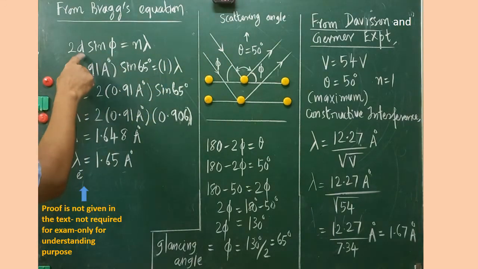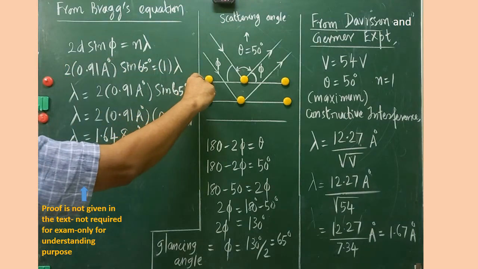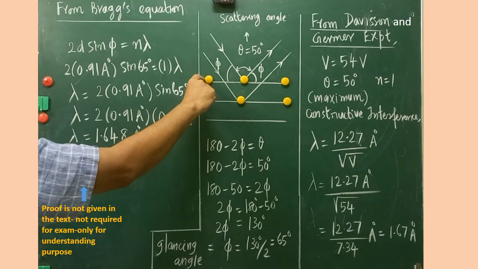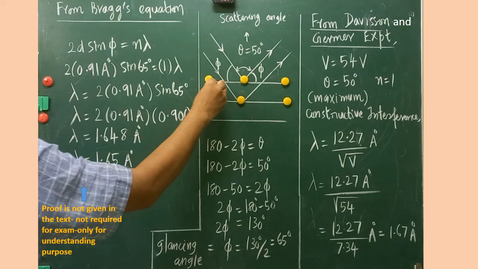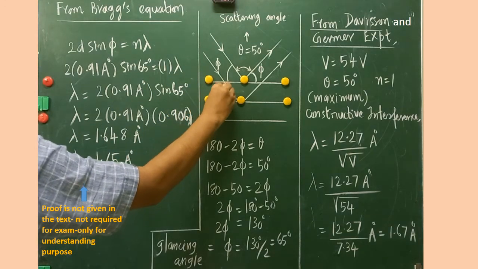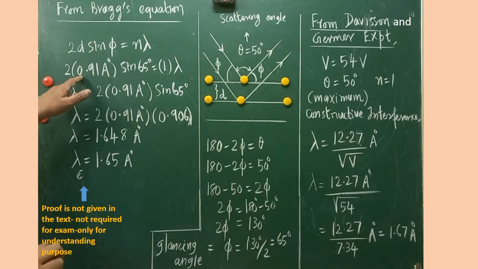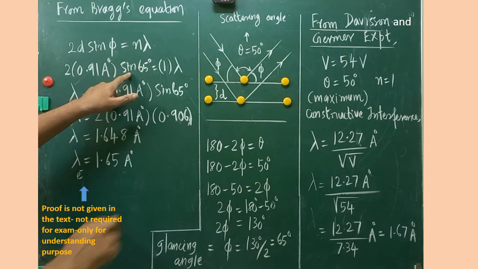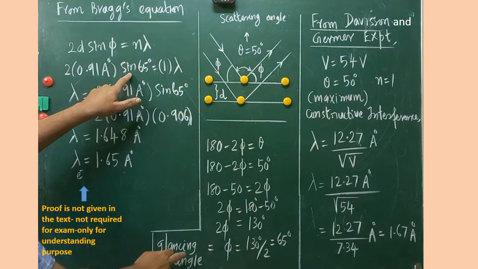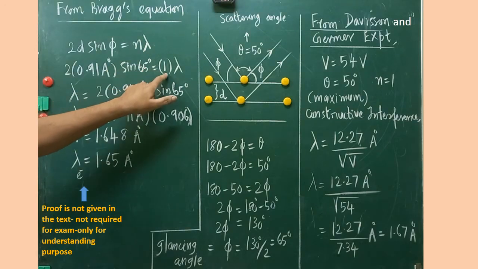So 2 into d. What is d? d is nothing but the distance between these two planes, which is called the interplanar spacing. The interplanar spacing in the case of nickel is 0.91 Angstrom. Substitute here, and we know the glancing angle, that is sine 65. The order of the constructive interference pattern is n is equal to 1, and then lambda is here.